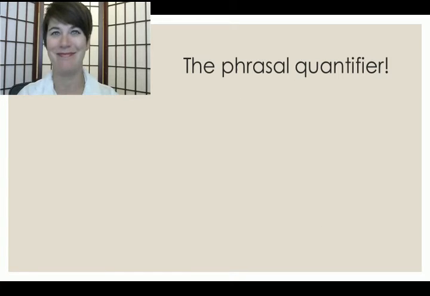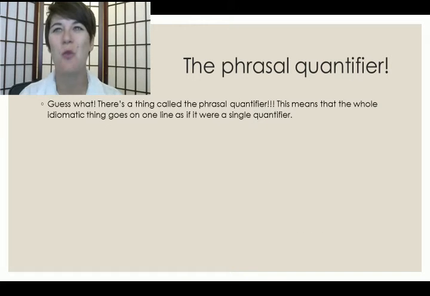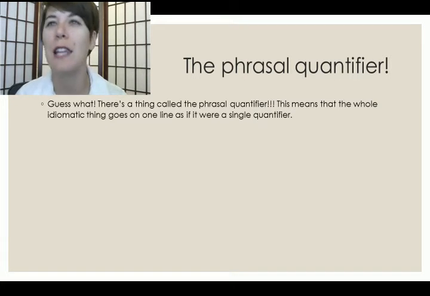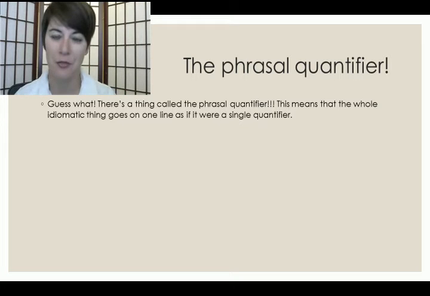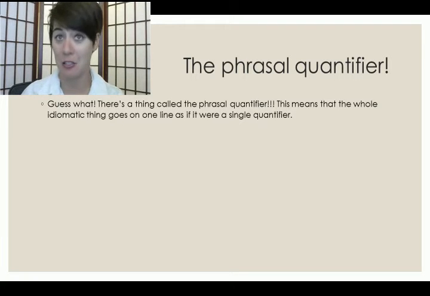Also, guess what? There's this thing called the phrasal quantifier. This is kind of cool. It means that the whole idiomatic phrase goes on one line as if it were a single quantifier. So on our list of determiners earlier, we had quantifiers signaling certain quantities to us, how many. When we have a phrasal quantifier, it's an idiomatic phrase that's functioning as a quantifier.